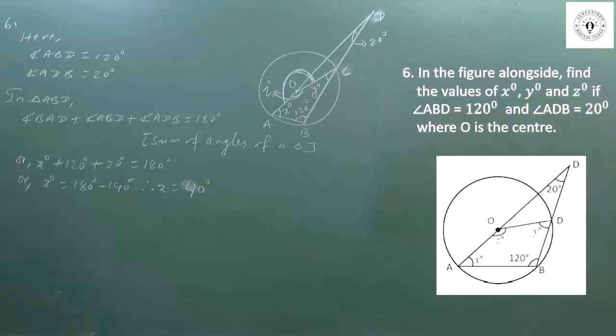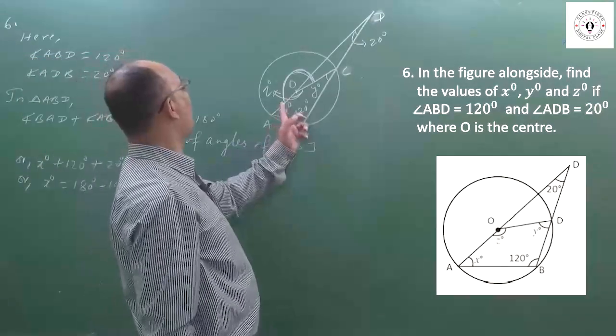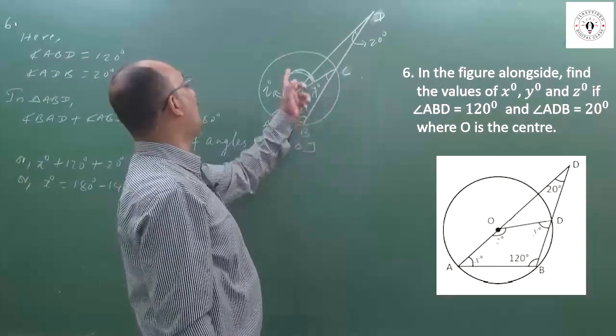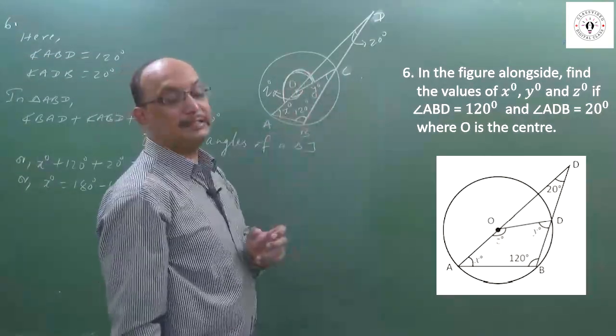So what is the name of this angle? The name of this angle is reflex angle AOC. Why reflex? Because this is more than 180 degrees.